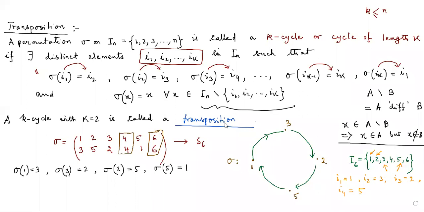That's why I was saying that these elements I1, I2, Ik may not be in a sequential way. So we have 4 elements here, and we can form a 4 cycle from this permutation.